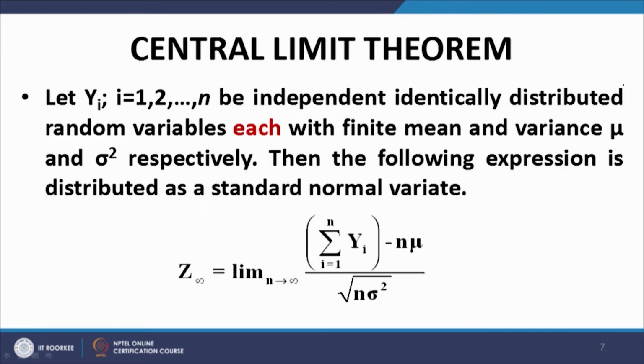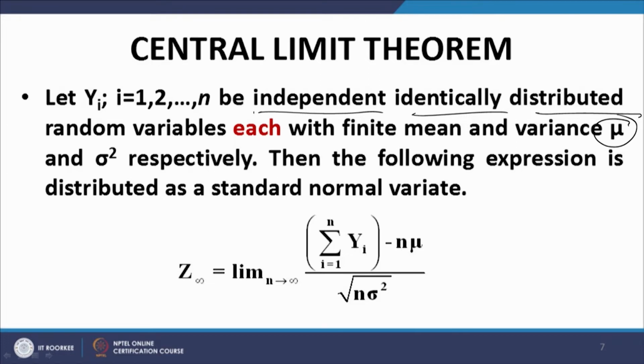So, let y I, I equal to 1, 2, 3 up to n, be independent identically distributed random variables, I I D random variables, each with a finite mean and variance mu and sigma square. So, each y I has a mean of mu and a variance of sigma squared.